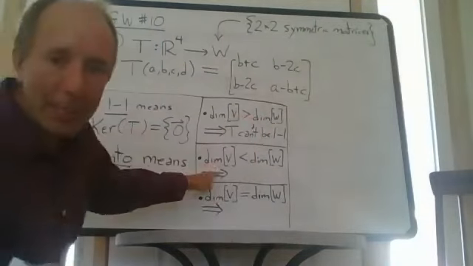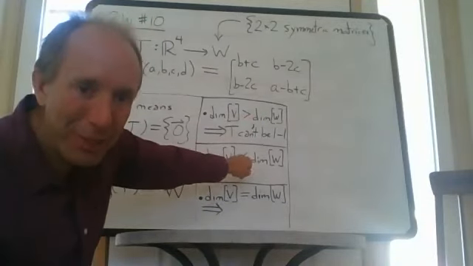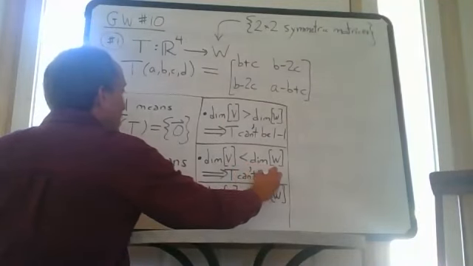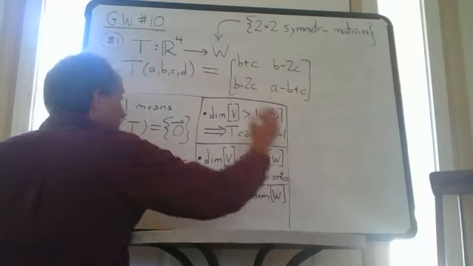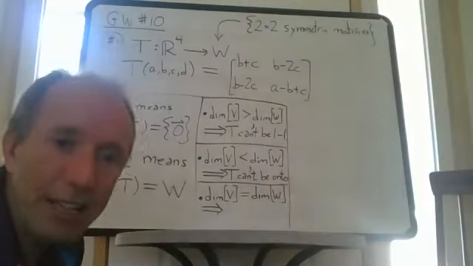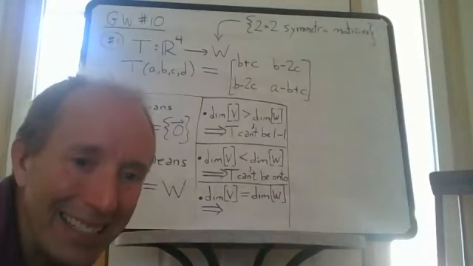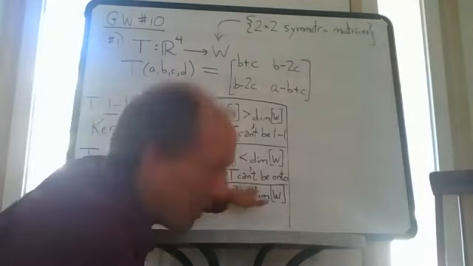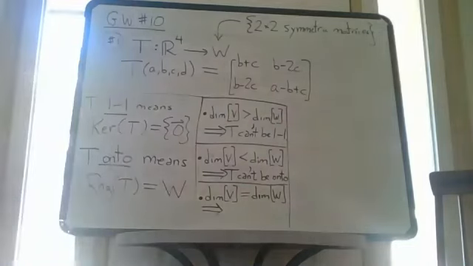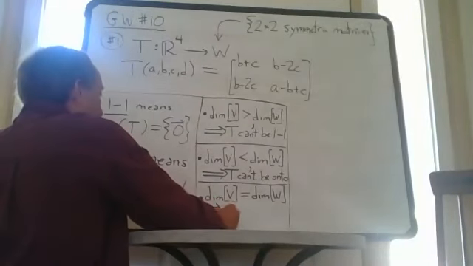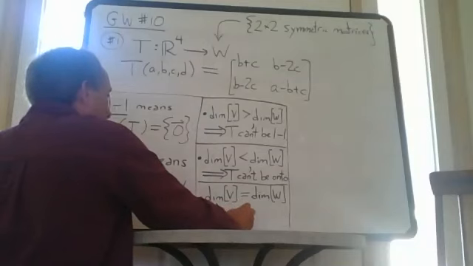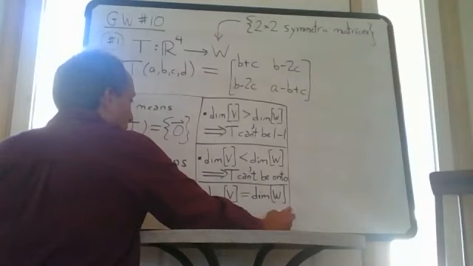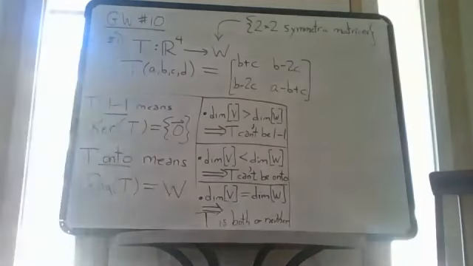The opposite thing happens in the second case. If V is smaller than W, then T can't be onto. So if V is smaller than W, there's no chance that T could be onto. And finally, if V and W are the same size, then T is either both or neither.